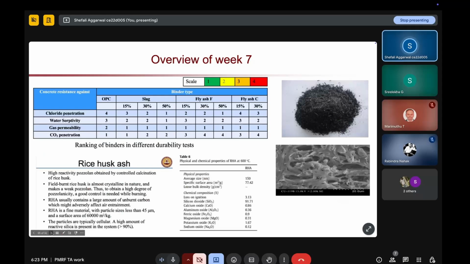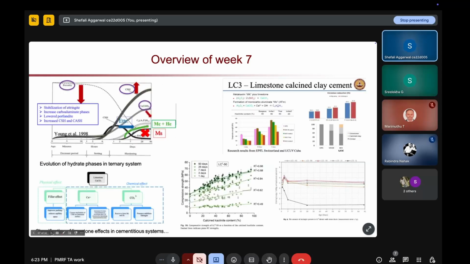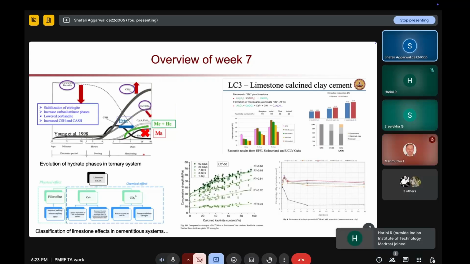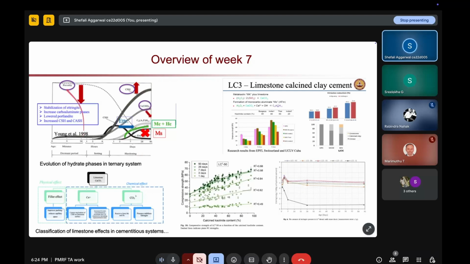If you remember this graph, when we are adding SCM, our pore structure is decreasing or porosity is decreasing, but it will happen after several days. It won't happen within the initial days. Replacing our cement with the different SCMs will decrease the porosity, but it will have a long term effect.